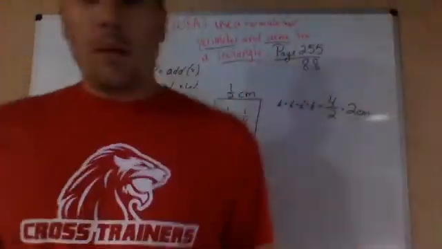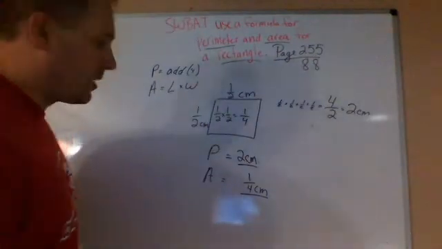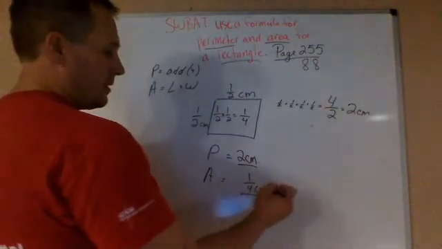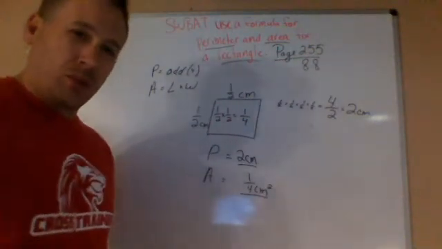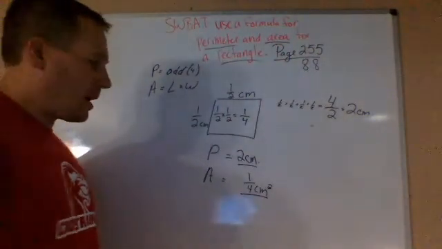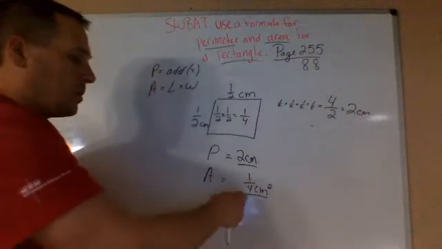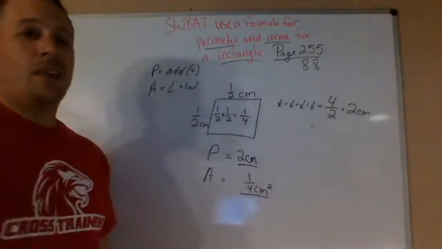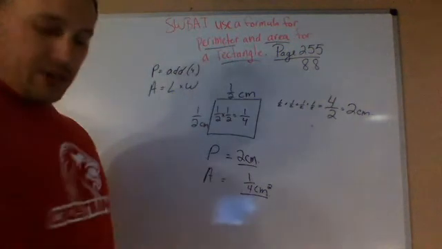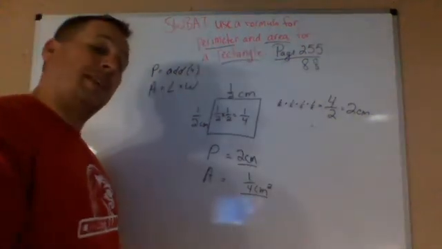Okay. One thing I want to remind you about with area is you need this little 2 up there. I don't know if you'll be able to do it on your computer because I don't know how to get that little 2 up there, but it's really 1/4 centimeter squared because it's 2 dimensions. If you don't put the square on your homework, I understand because I don't know how to type it on there.